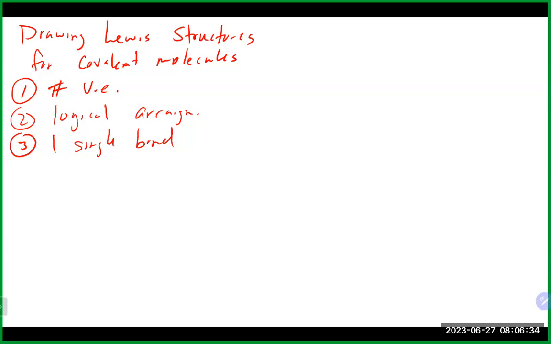So those are going to be dots until all the outside atoms meet the octet rule and have 8 around them. Obviously, the exception to that would still be hydrogen. That should not have any dots around it. If you fill up all the outside atoms with electrons and they're all good in terms of the octet rule, any leftover electrons at that point should go to the center atom and also should be put on as pairs of electrons or dots.